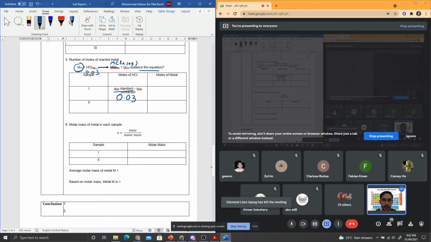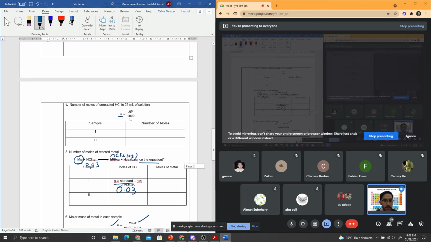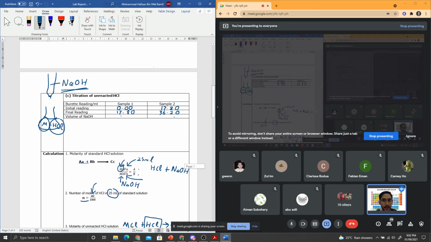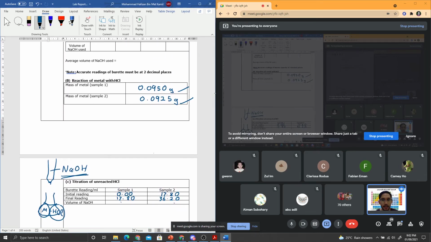Okay, nak cari molar mass. You dah tahu moles, molar mass kita tak tahu, but mass kita tahu. Kita tahu kat mana tadi? Ingat tak awal kita guna the electronic balancer tu? Tada! So kita ada sini, kita ada dia punya mass.